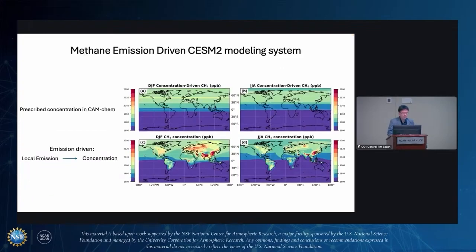This figure shows the difference between the default CESM model and our emission-driven model. This shows the surface concentration of methane, and it's obvious that in the default model there are no longitudinal variations, and our emission-driven model shows clear spatial patterns.